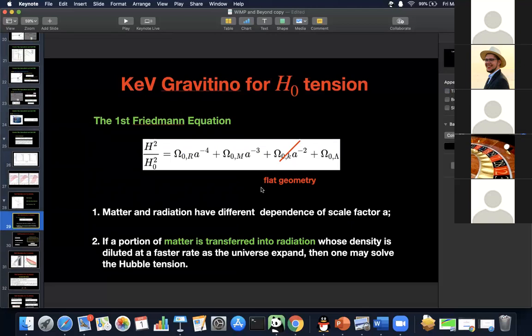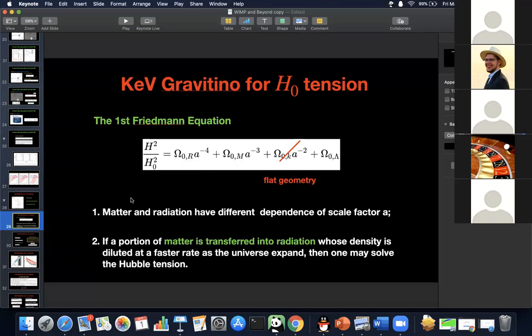If we assume a flat geometry, the curvature contribution can be neglected. Then we have the radiation contribution, the matter density, and also the cosmological constant. This one is related to dark energy, so we won't touch it. So we can only play the game between the radiation density and the matter density.